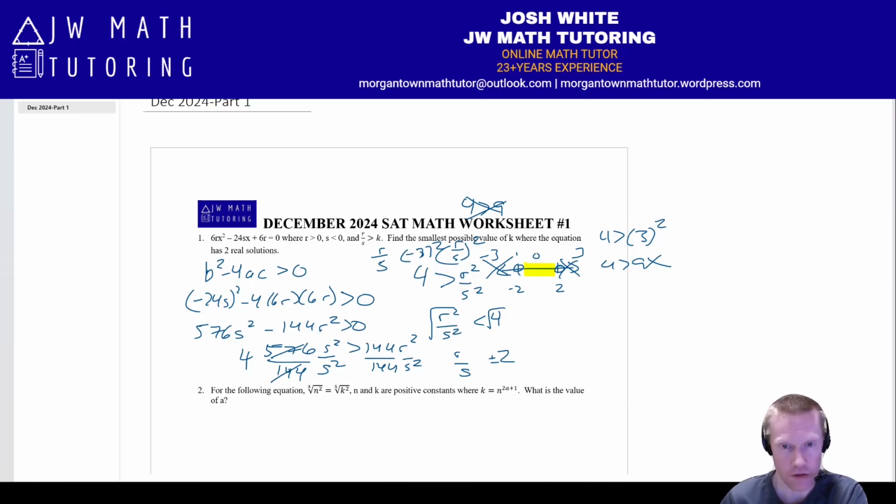So the question is, what's the smallest value? In other words, think of K as the lower limit, or the floor for how low your R over S value can go.